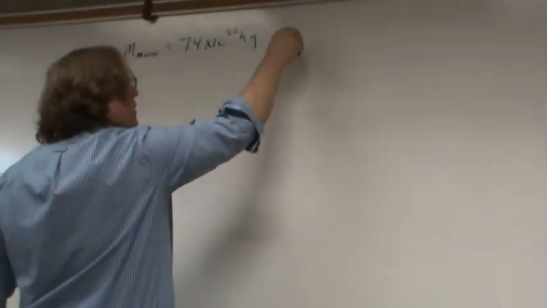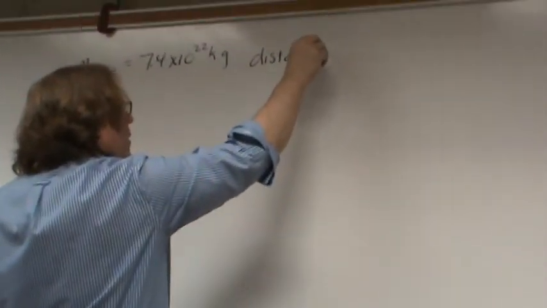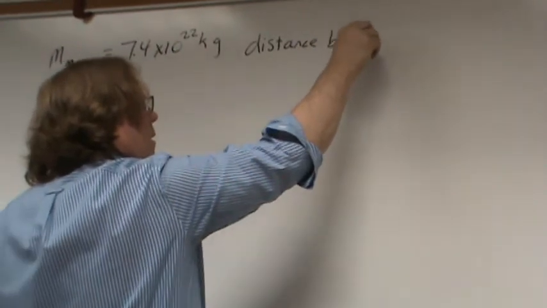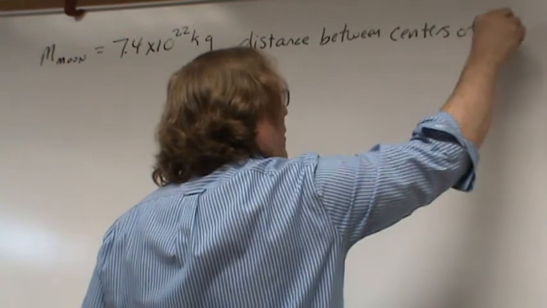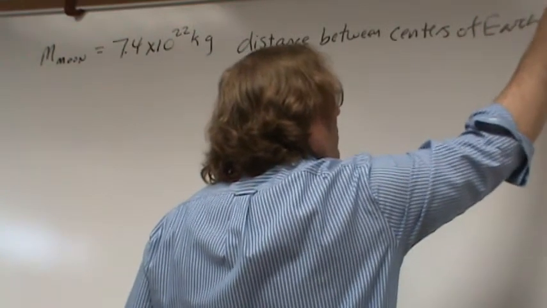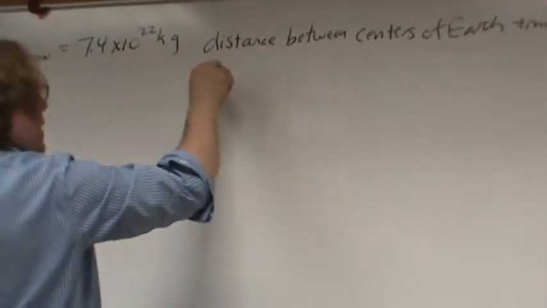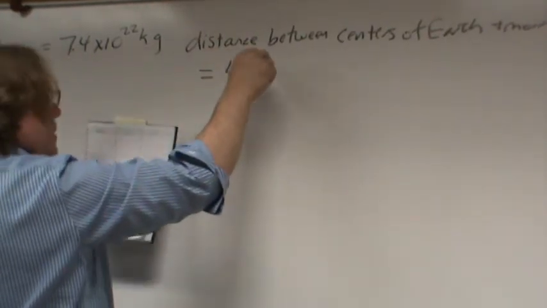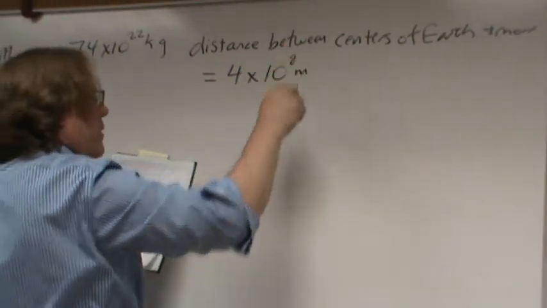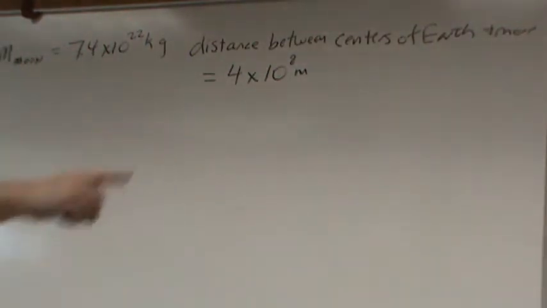The distance between the centers of the Earth and moon equals, and I'm really rounding here, 4 times 10 to the 8th meters. You already know what the mass of the Earth is, 6 times 10 to the 24th kilograms. You know what G is.